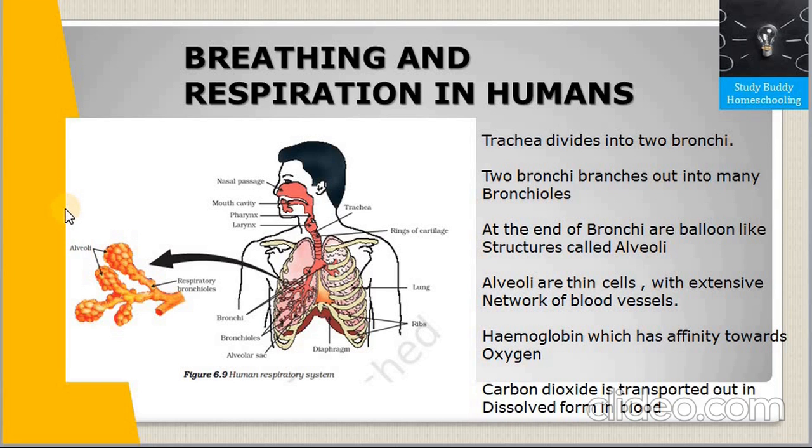Now during respiration, carbon dioxide is released. So venous blood brings the carbon dioxide back to the network of blood vessels. This carbon dioxide again enters through alveoli, from alveoli to bronchioles, to bronchi, to trachea, and CO2 is expelled out. This is the process which is involved.